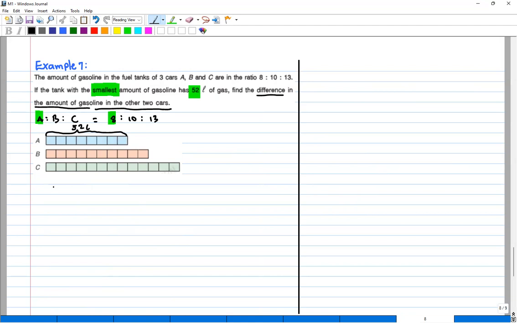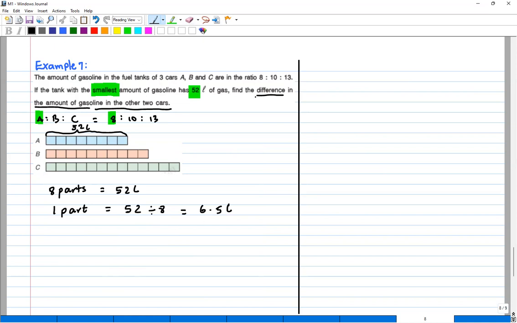So you see that 8 parts have 52 liters. So what about one part? One part will be 52 divided by 8. And this will give us 6.5 liters.